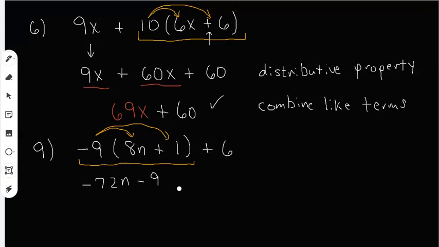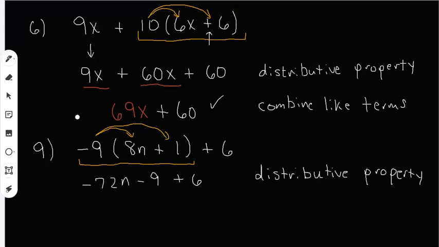So now I have negative 72n minus 9, and then I need to bring down the plus 6. The plus 6 is just kind of hanging out here at the end, but we're going to combine those at the end, right? So to get to this step, all I did was distribute. I used the distributive property.